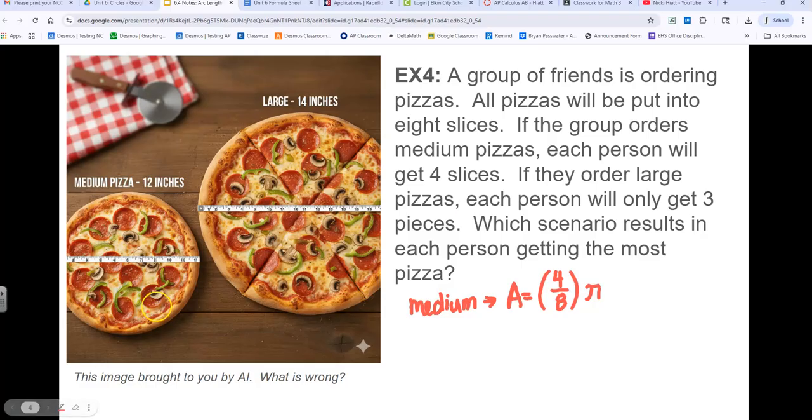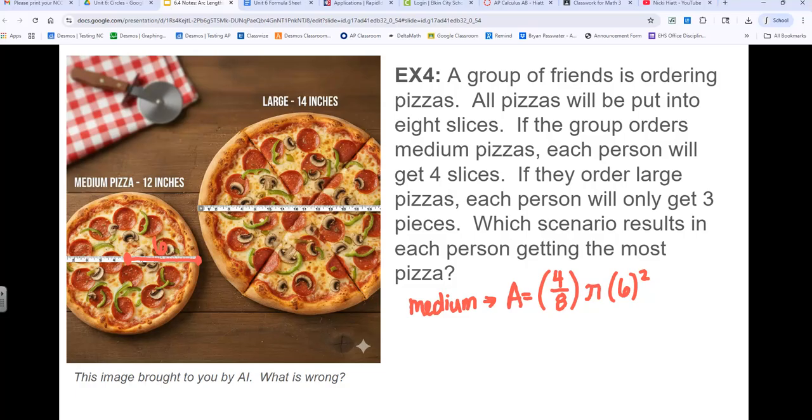Now do notice over here on our picture, I see 12 inches and my ruler goes all the way across here. There are some mistakes in that picture because I made it with AI, so look out for those. But if I'm only looking for the radius, I would just have 6 right here. So pi times 6 squared.